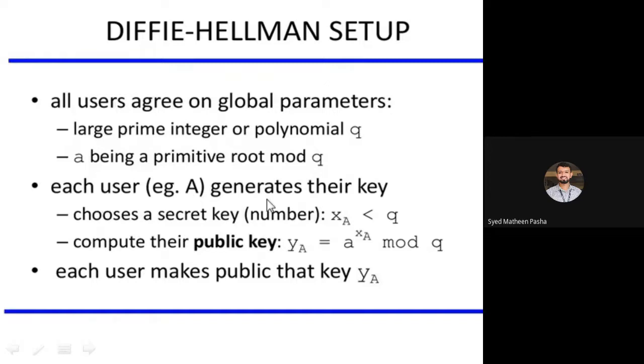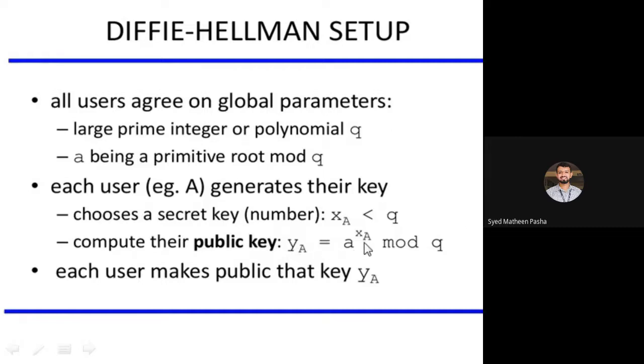Each user generates their key and chooses a secret key. A secret key is generated by user A, that is XA, which should be less than Q. Then I should compute the public key. The public key is represented by YA with respect to this formula.